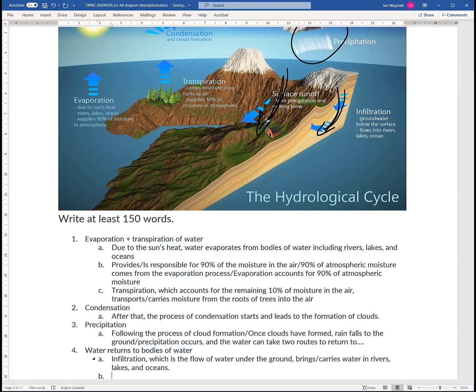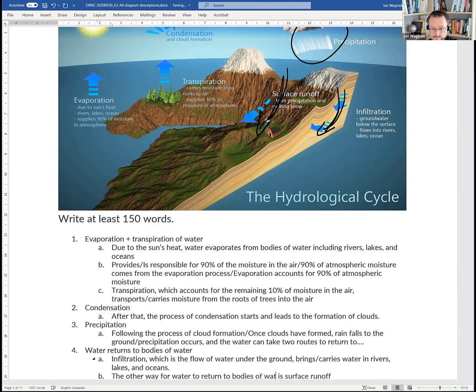And Safa, what's the other downward process? The other way is through the surface runoff. We will start the sentence with the other way, for water to return to bodies of water.